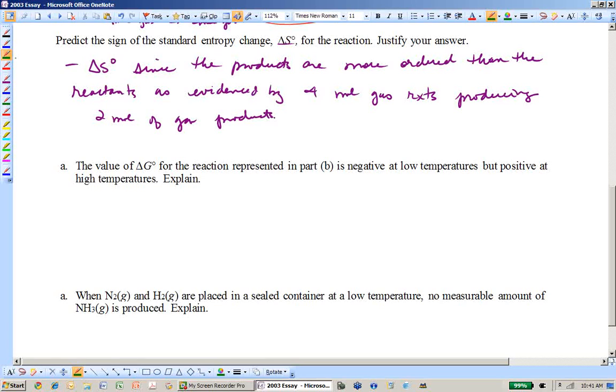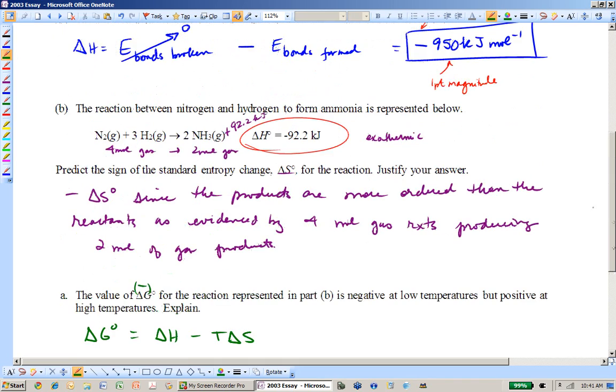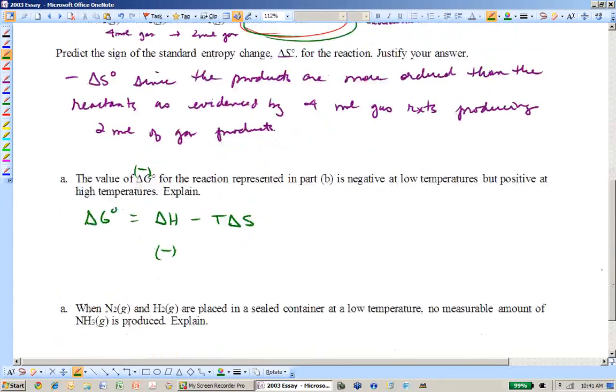Now we want to say, what is the value of delta G for the reaction represented in part B? It is negative. The value is negative, so they're telling me negative delta G at low temperatures but positive at high temperatures, and explain. Well, delta G naught equals delta H minus T delta S. What did we just figure out? We just figured out that delta H is negative because they told us that way back up here, minus T, which is always a positive value, so I'm going to put a positive there, times, what did we just say?